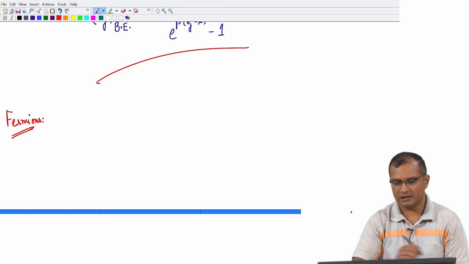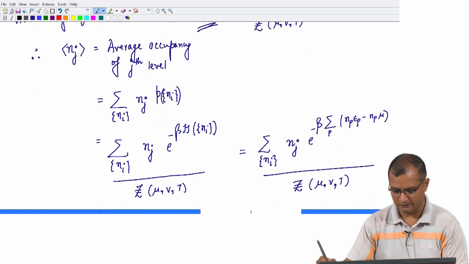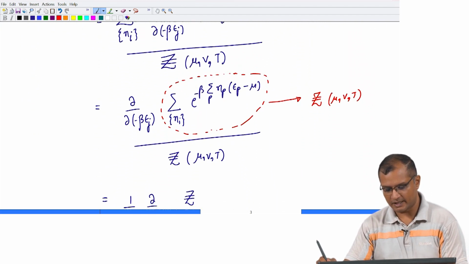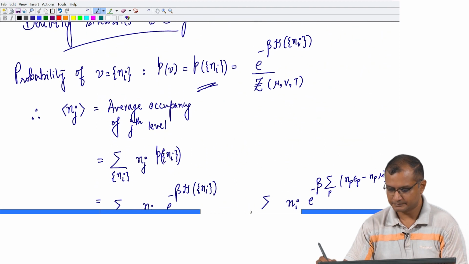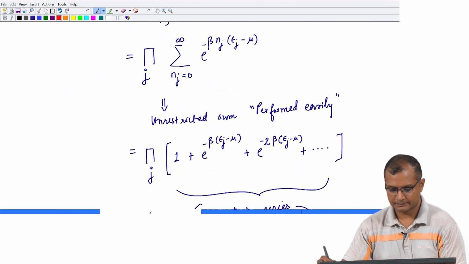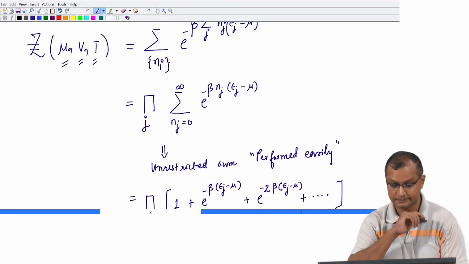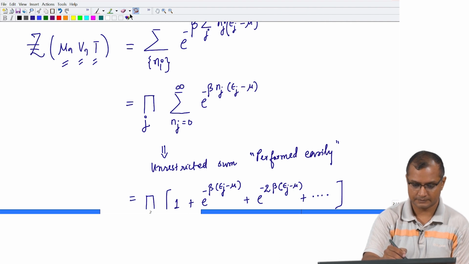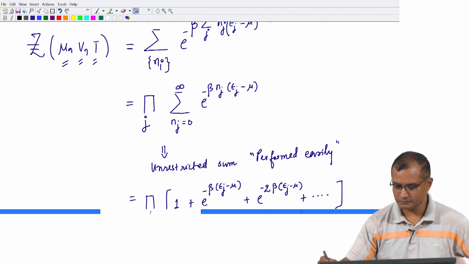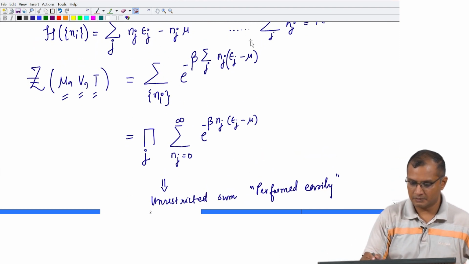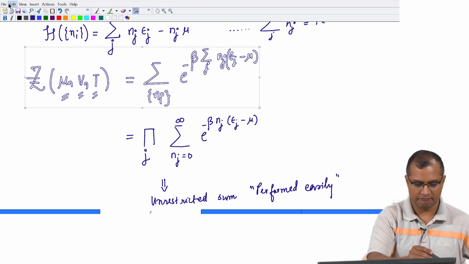For fermions, we will have to start with the fact that the partition function in the grand canonical ensemble is still written by this expression. So, I am going to write down our partition function without altering much.